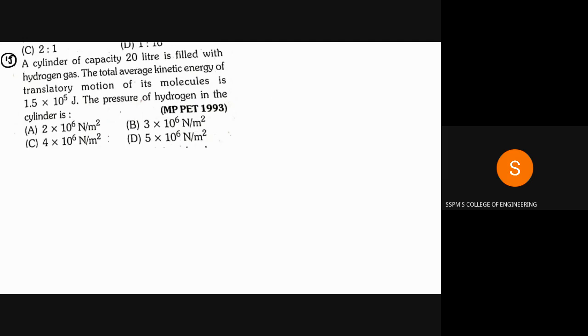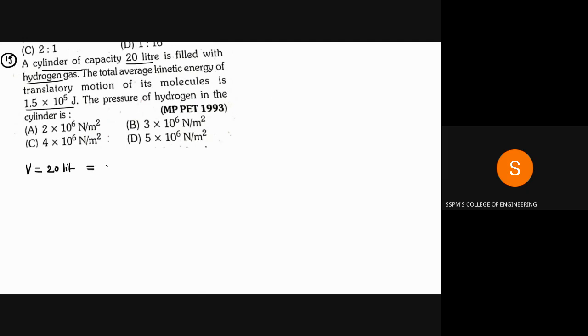Okay, refer the next problem. A cylinder of capacity 20 liter is filled with hydrogen gas. The total average kinetic energy of translatory motion of its molecules is 1.5 into 10 to the power 5. The pressure of hydrogen in the cylinder is, okay. So here the volume is given. The cylinder has capacity 20 liter. So V is 20 liter.